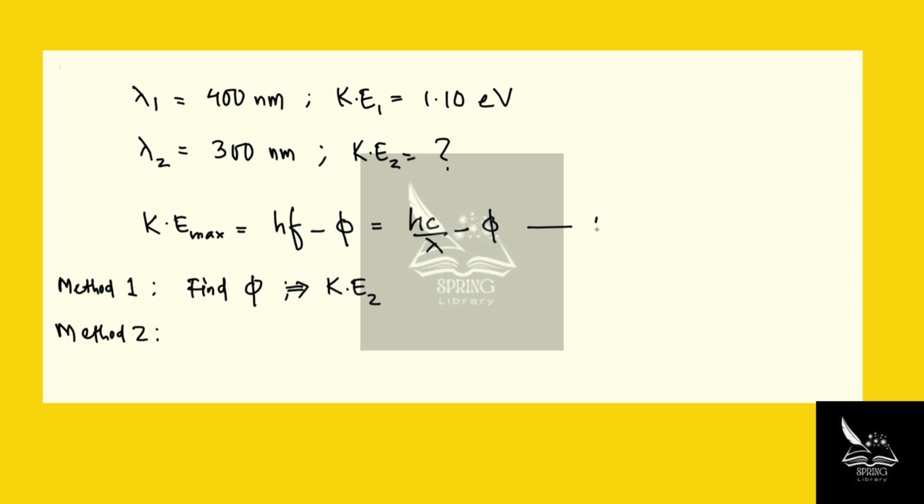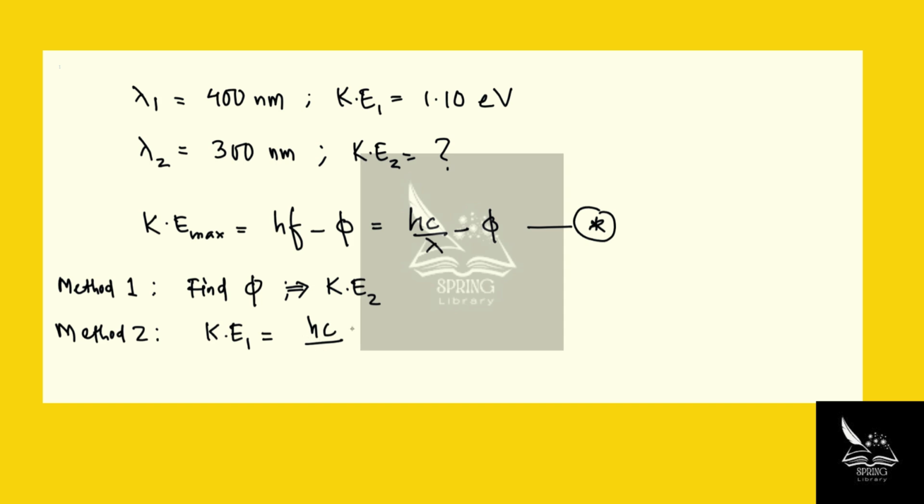So let me just write this same equation. This one, let me call this star. So let me apply this equation to both of these two cases. So we have Ke1 to be equal to hc. So these two are constant, so they don't change with wavelength or frequency.